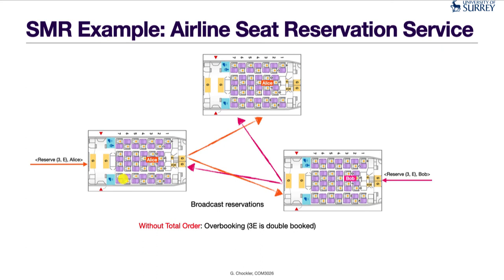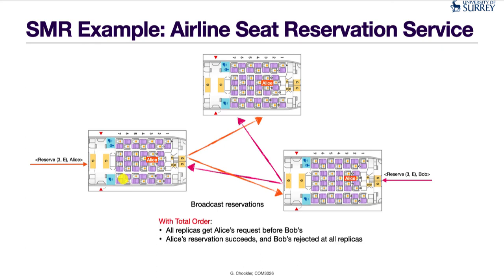Okay, so with total order that obviously won't happen, and this is because one of the requests, in this example Alice's request, gets to everyone first, and for that reason Alice will succeed in reserving seat 3E, and Bob will get a response occupied to his request and won't be able to reserve this seat.